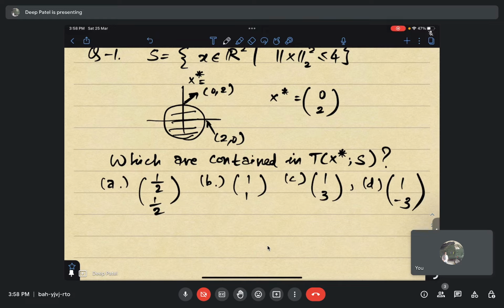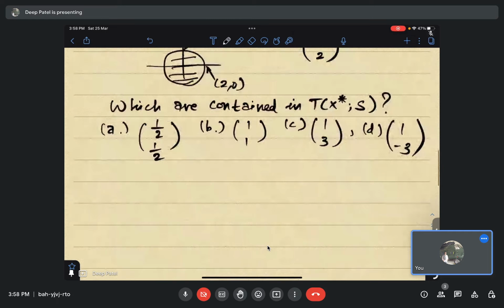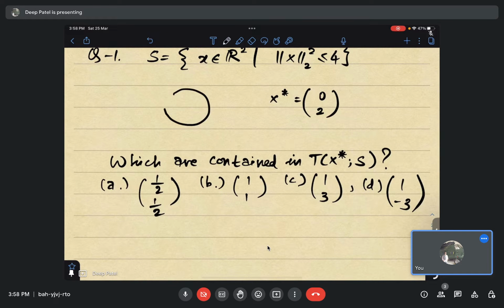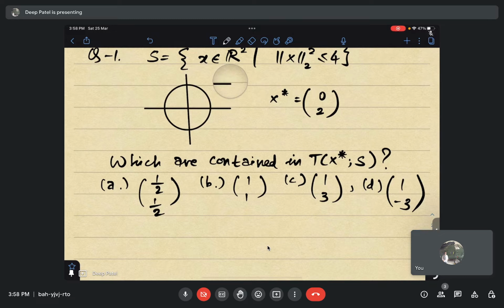So what I will do is remove this terrible drawing and draw a proper one. You are using Notability, right? Yes, you can draw very good circles there. I hope this is somewhat better. Much better.